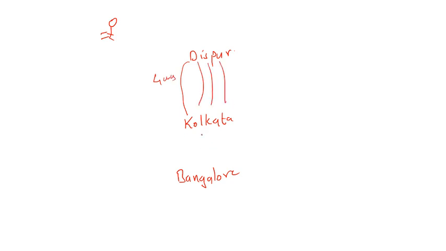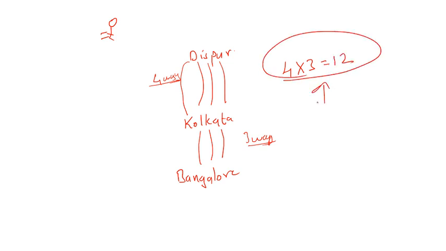And from Kolkata to Bangalore there are three ways. So totally, in how many ways can he travel? The answer is very simple: 4 into 3, answer is 12. 4 3s are 12. So in 12 ways this person can travel from Dispur to Bangalore. This will be the kind of questions asked.